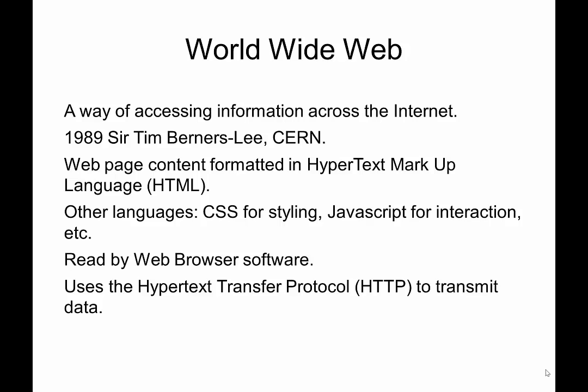So what's the World Wide Web? Well, the World Wide Web came along quite a lot after the internet. The internet originally developed, and I'll talk about this in probably the next lecture, in the early, mid and late 60s.